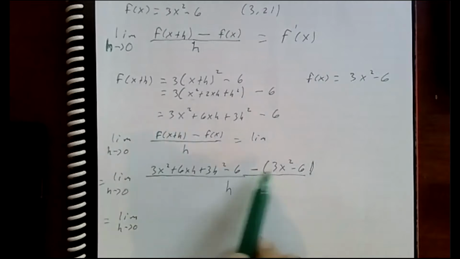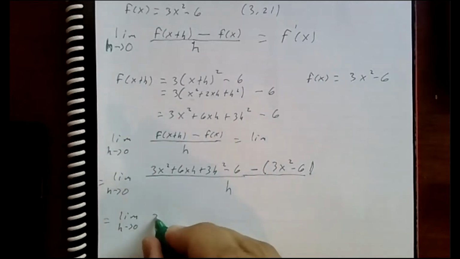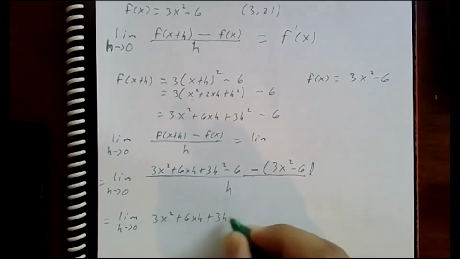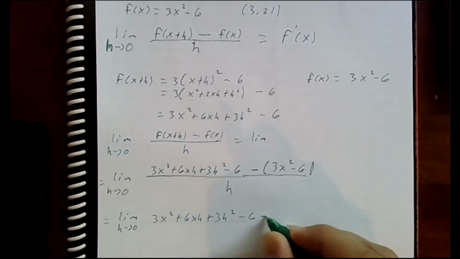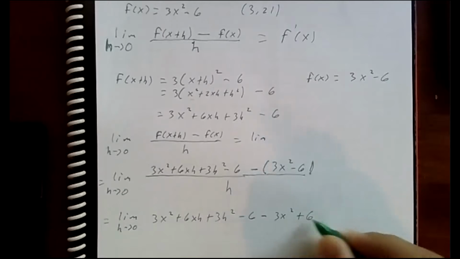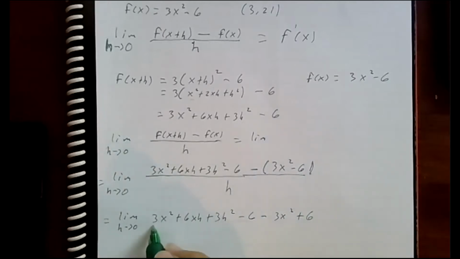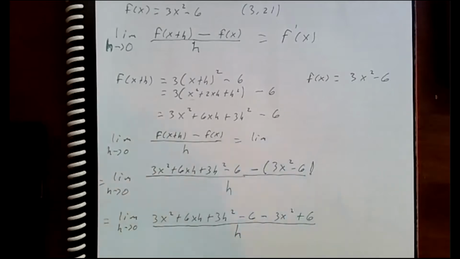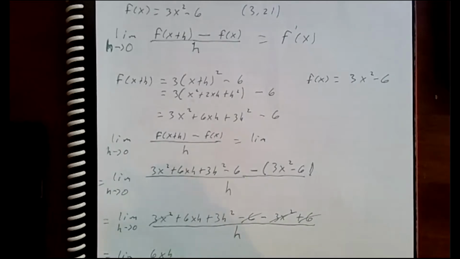So at this point, we're going to distribute the negative. So that becomes 3x squared plus 6xh plus 3h squared minus 6 minus 3x squared plus 6 when you distribute that negative. So you see what's going to cancel, right? The 3x squares are gone. The 6's are gone. So now that equals the limit as h goes to 0 of 6xh plus 3h squared.